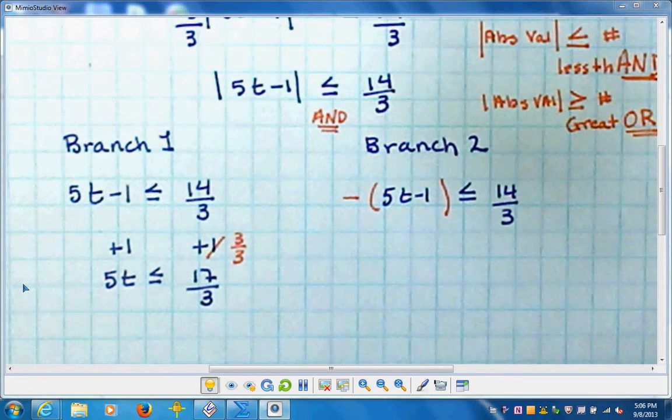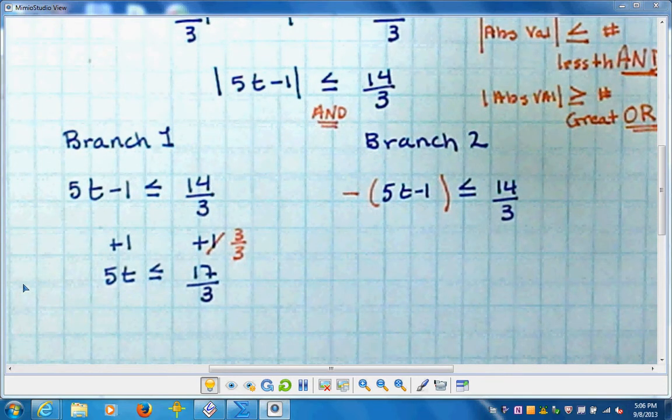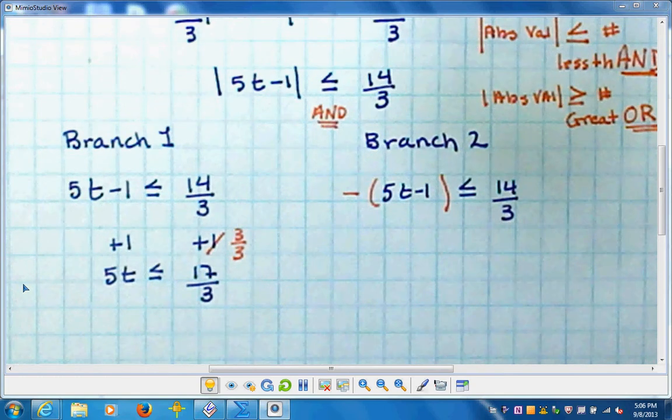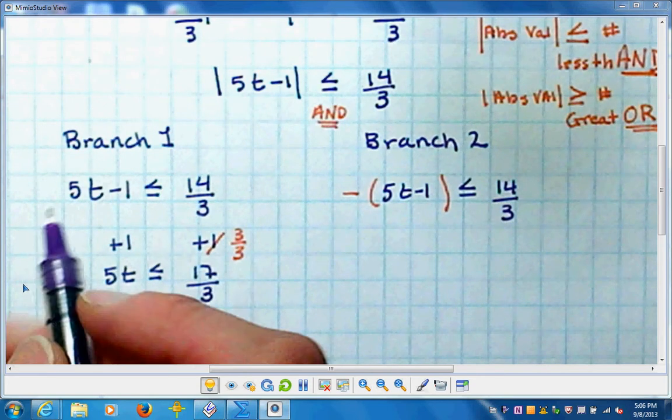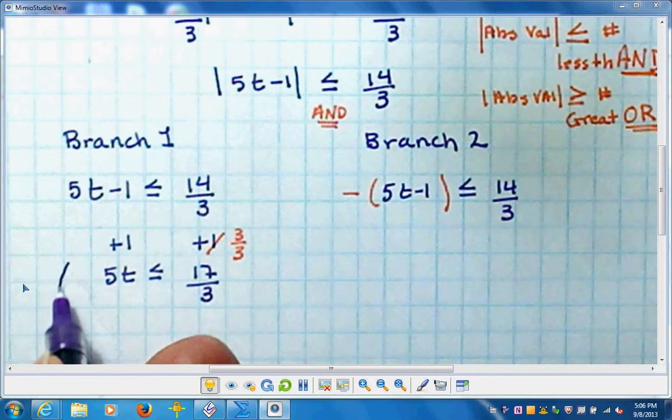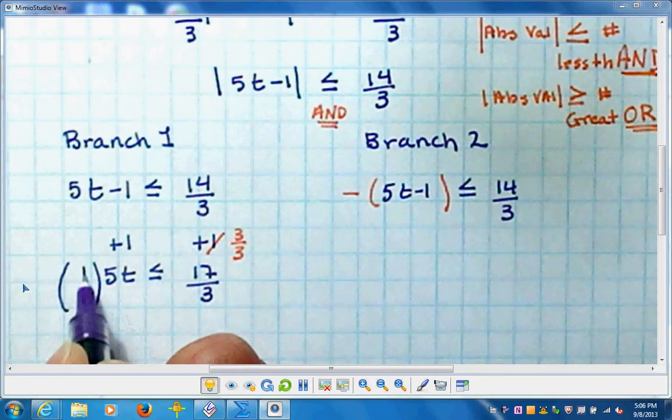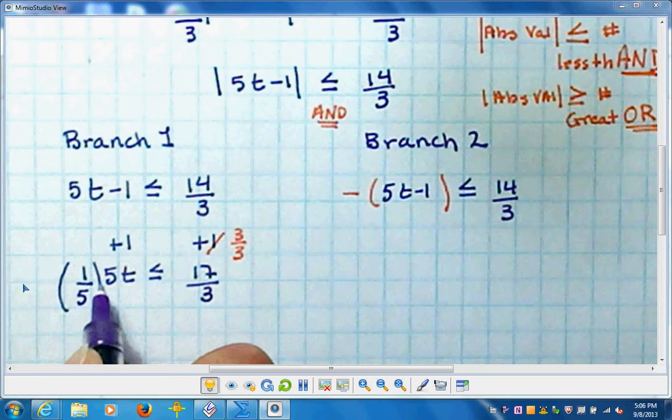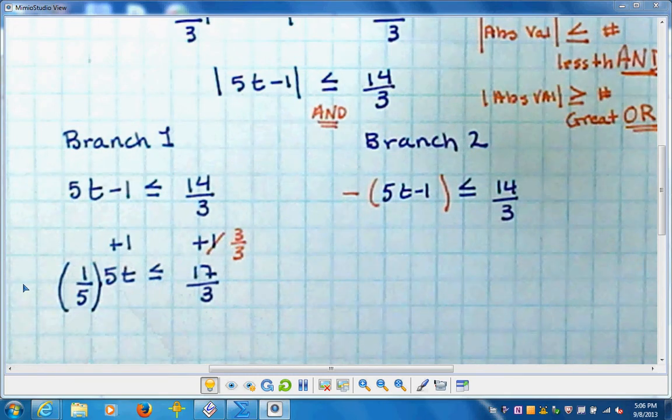And now I have to divide by 5. Okay, so now it's getting really messy, because then I'm going to end up dividing this fraction by 5. So instead of dividing by 5, what I want you to think about is that dividing by 5 is the exact same thing as multiplying by 1/5. Do you see how that is the same as 5 divided by 5?